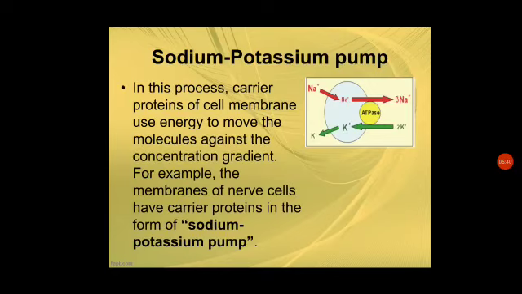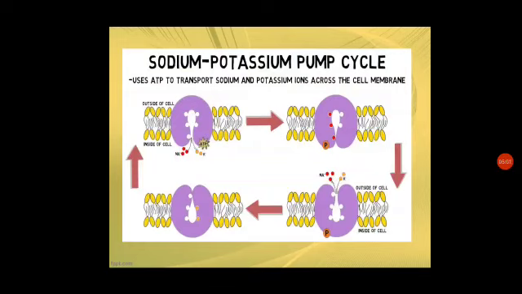In nerve cells, whether in an active or a resting state, this pump activity is high, and potassium moves inside while sodium moves outside. You can see the diagram of the sodium potassium pump here, outside of the cell and inside of the cell. Sodium is moving outside the cell and potassium is moving inside the cell, but this is due to active transport, and active transport requires energy.